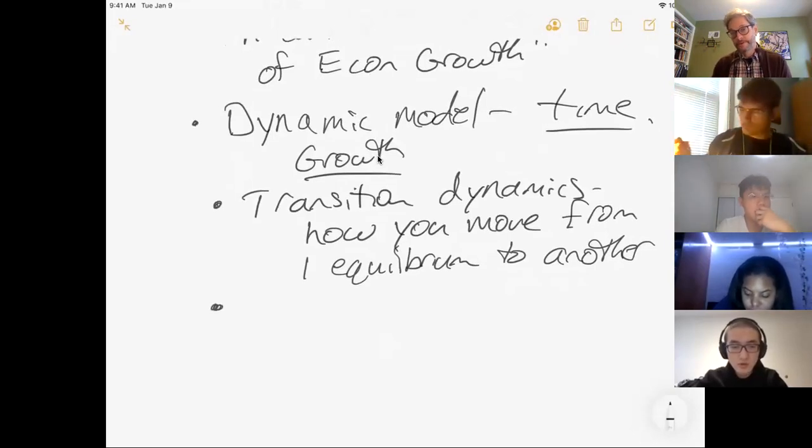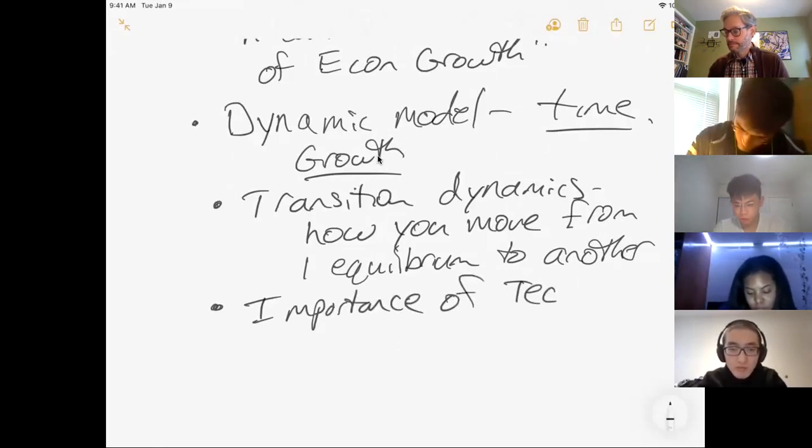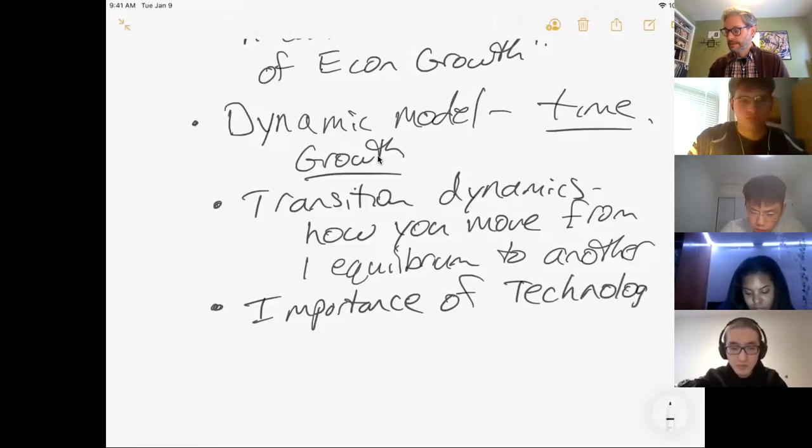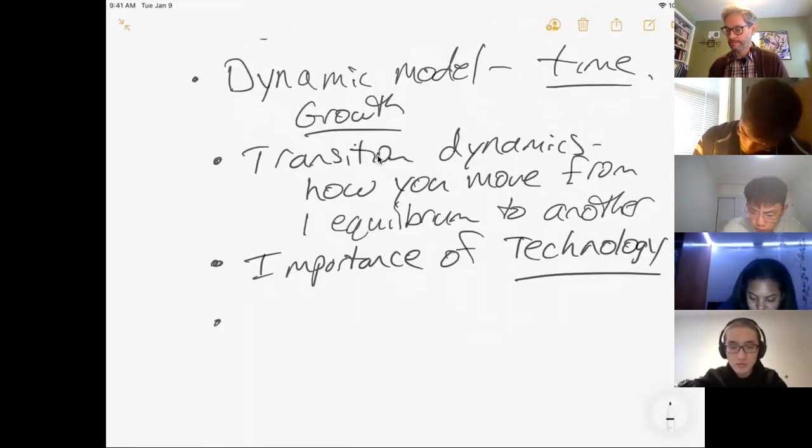Probably the other most important contribution of this, not to jump to the tagline, not to jump to the big conclusion, but we're going to see that the Solow model says that when it comes to growth, technology is the most important thing.